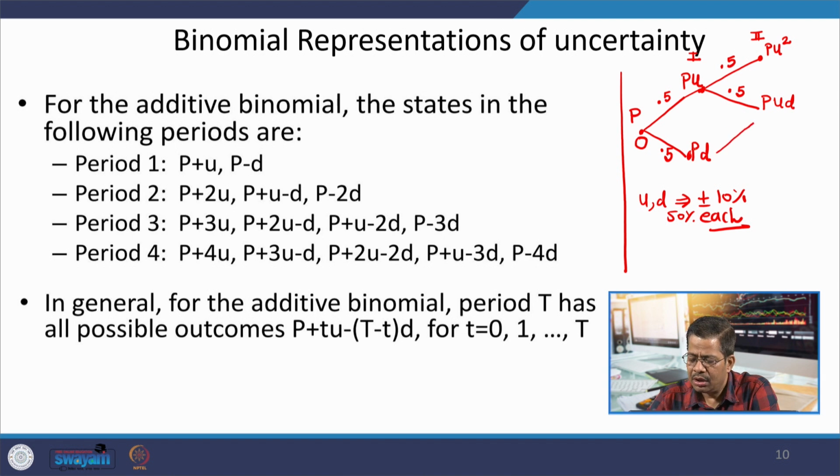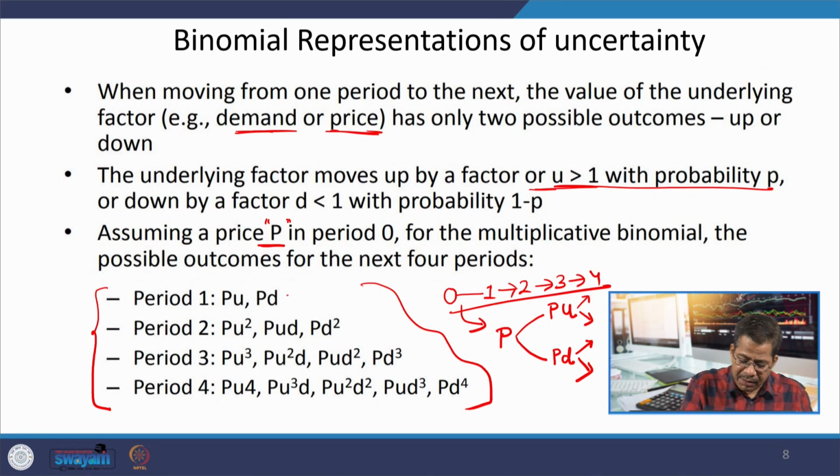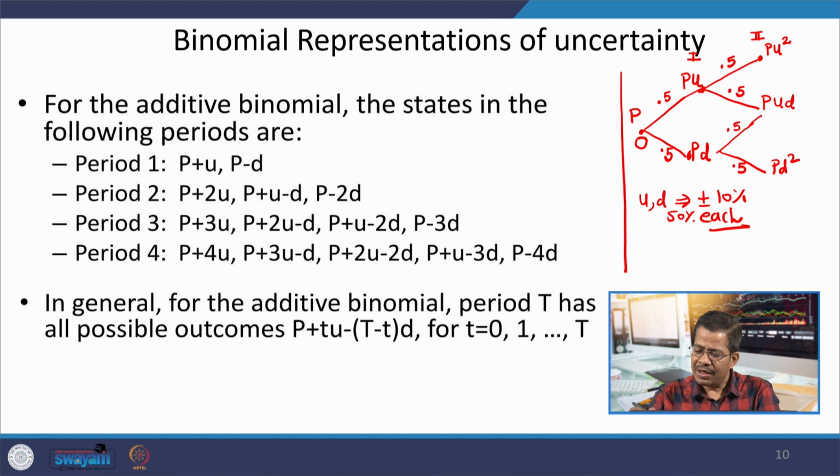Here also it is possible that the price may increase, so pd into u becomes pud, and the price may also decrease, so in that case it becomes pd square. This is what we had in period 1, pu, pd, and in the second period pu square, pud and pd square, and then in the third and fourth period you can create a similar table to extend.